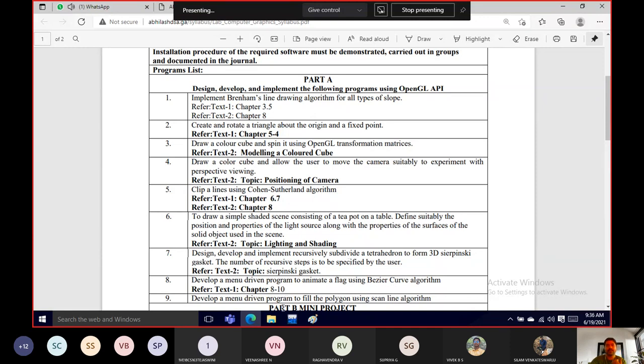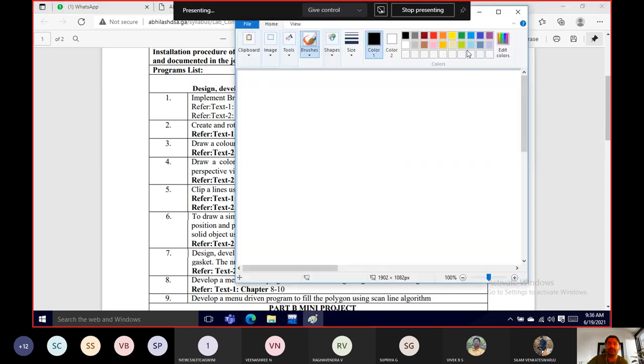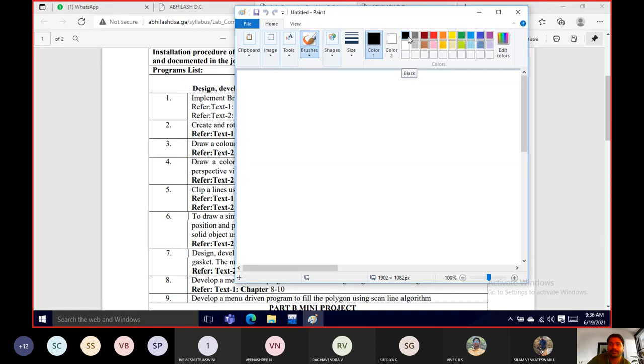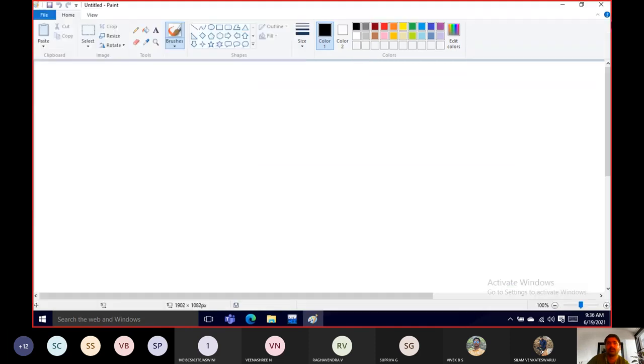So for our understanding, let's draw a tetrahedron. First thing is, how do we draw a tetrahedron?